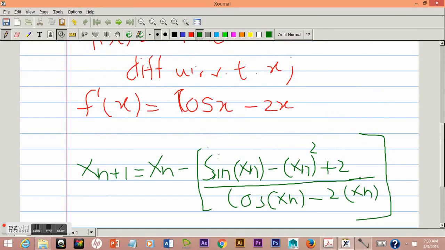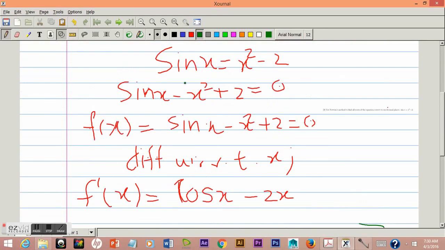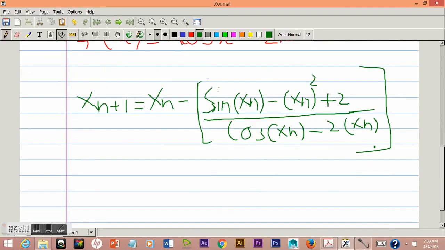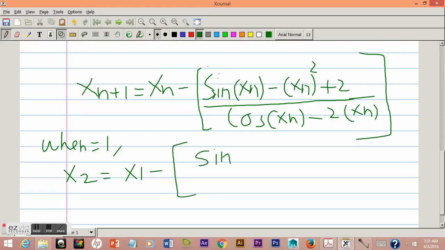Then when n equal to 1, we'll get x2 equal to x1 minus sine of x1 minus x1 square plus 2 over cosine of x1 minus 2 times x1.